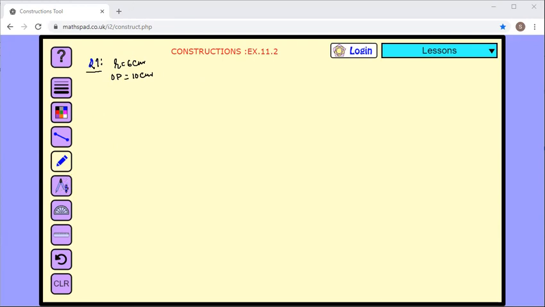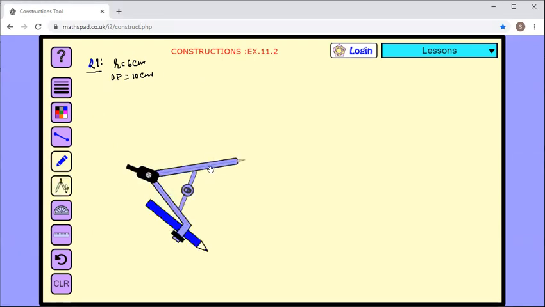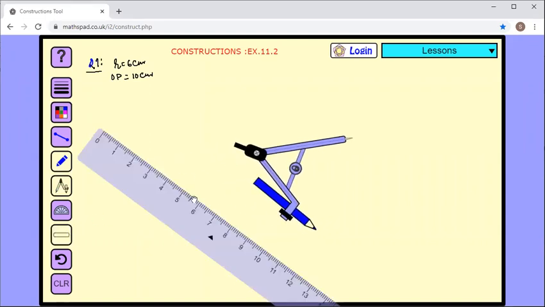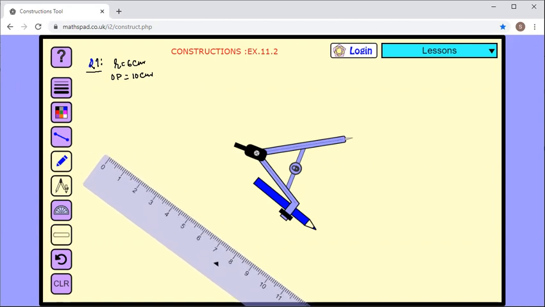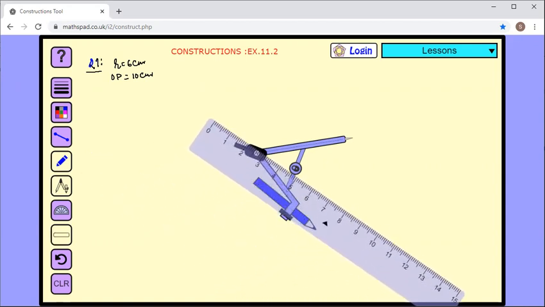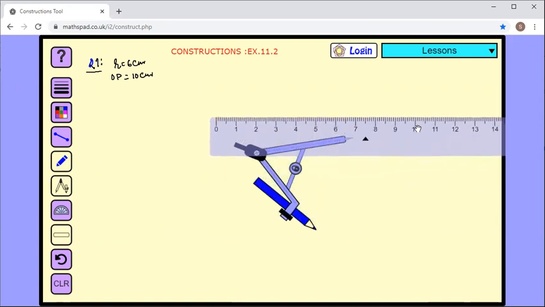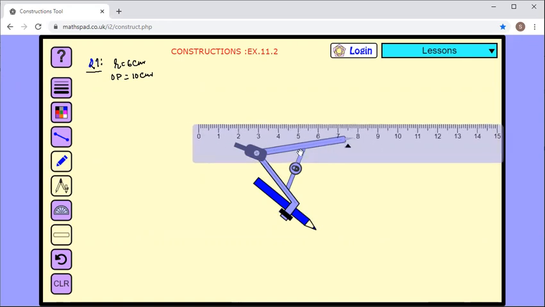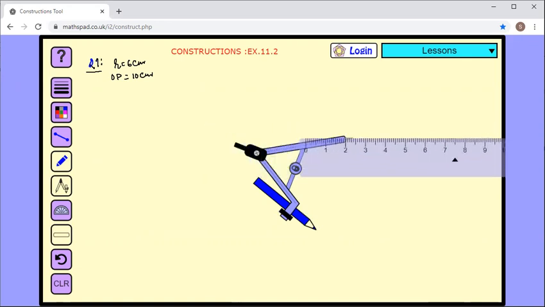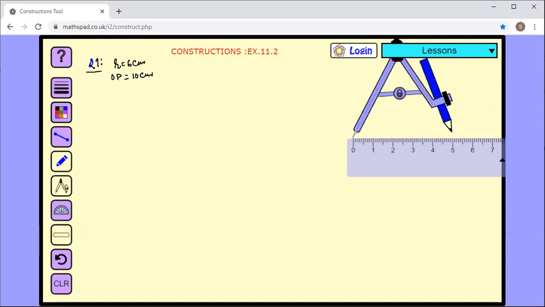So first of all we will take compass, we will open its radius equal to 6 centimeter, and just measure that the radius should be 6 centimeter.